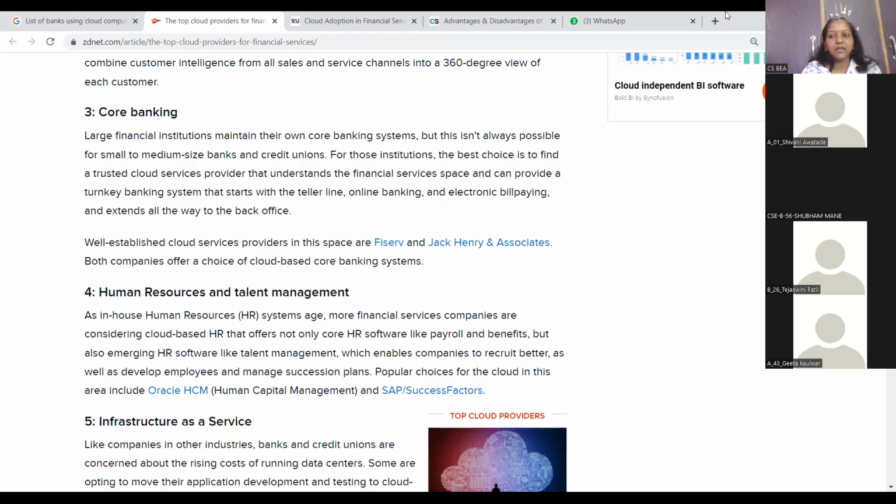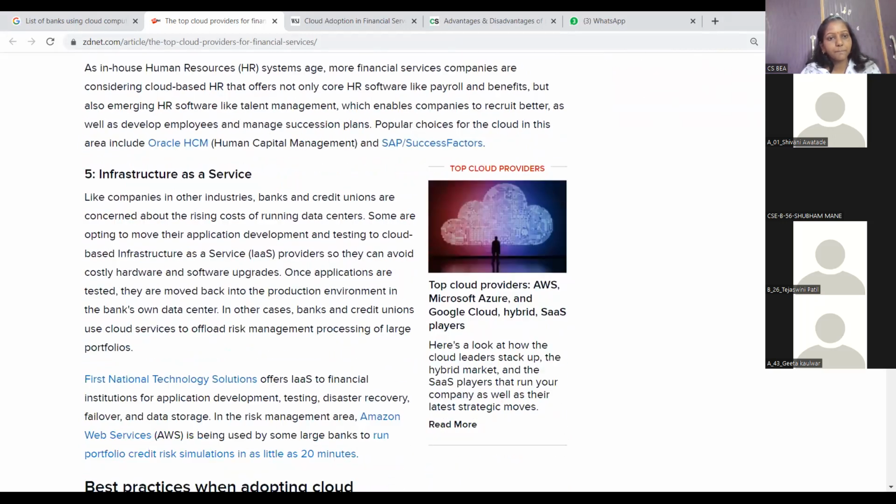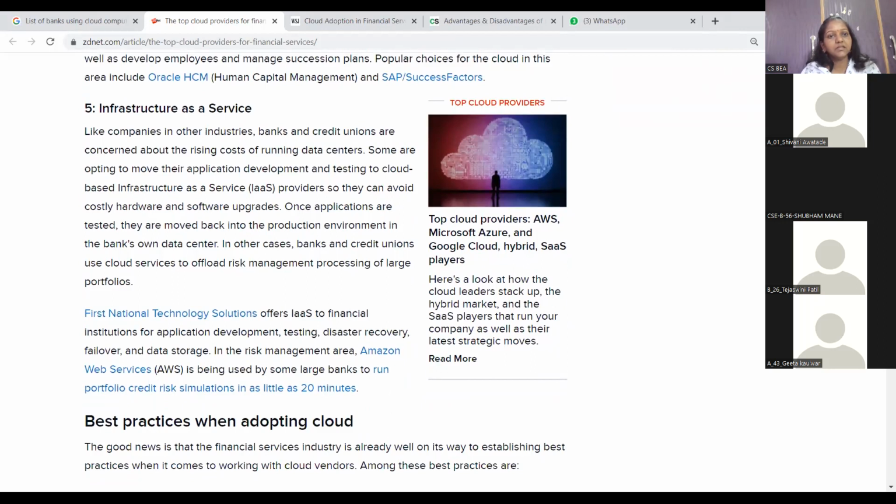Then IaaS, Infrastructure as a Service. Like companies in other industries, banks and credit unions are concerned about the rising costs of running data centers. So some are opting to move their application development and testing to a cloud-based infrastructure as a service provider so they can avoid costly hardware and software upgrades.